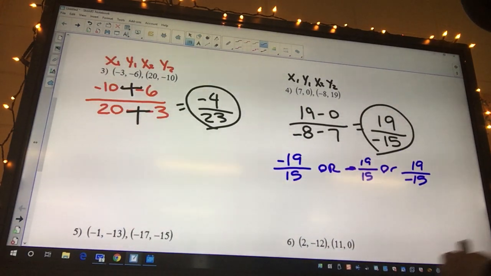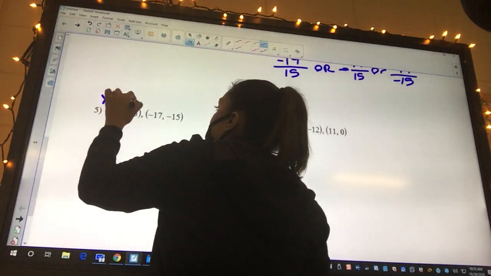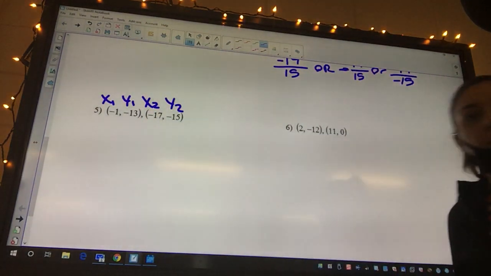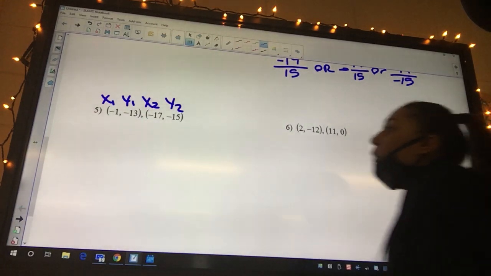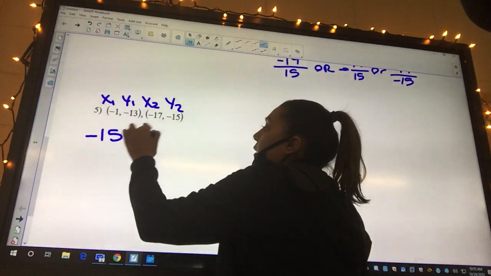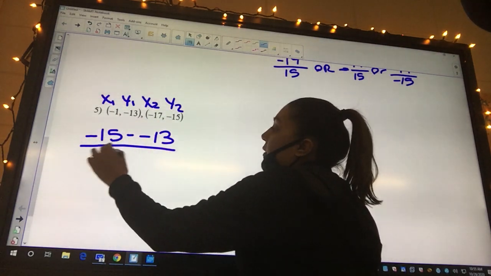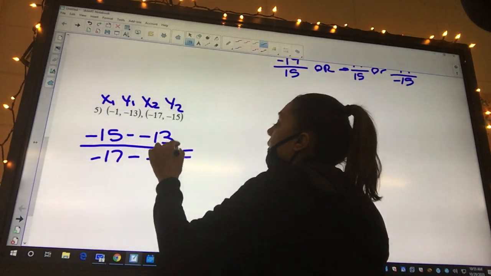Okay, look at number 5. X sub 1, y sub 1, x sub 2, y sub 2. My y sub 2 is negative 15 minus y sub 1 is negative 13 over x sub 2 is negative 17 minus x sub 1 is negative 1.